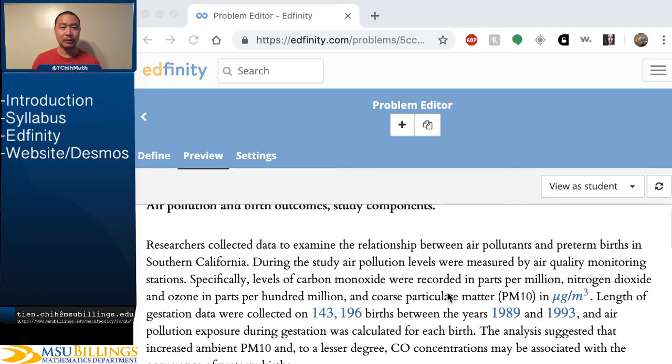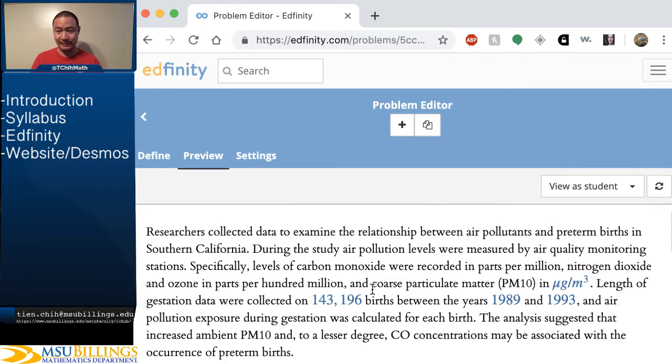Okay, so what was actually measured? Carbon monoxide was measured in parts per million, and nitrogen dioxide and ozone were also measured in parts per 100 million. Coarse particulate matter was measured.